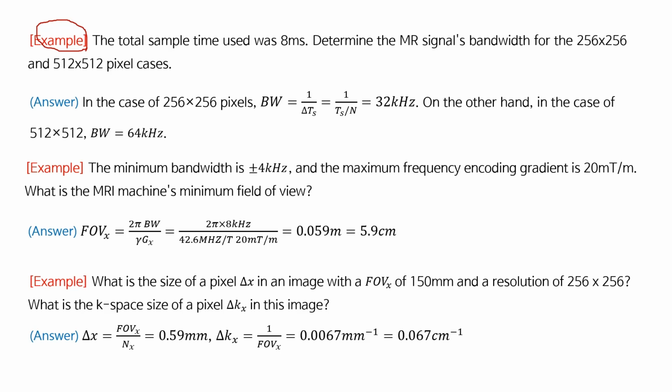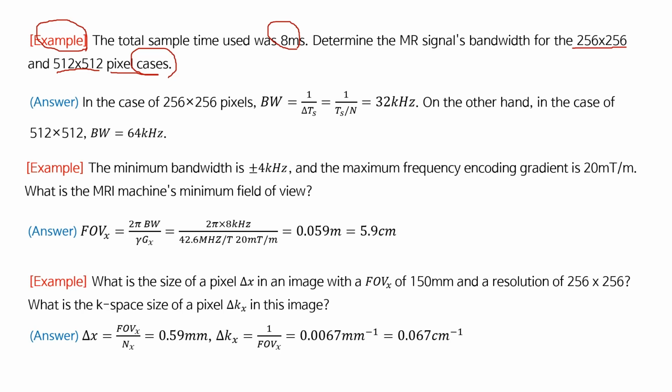Next example. The total sample time used was 8 milliseconds. Determine the MRI signal's bandwidth for the 256 by 256 and 512 by 512 pixel cases.